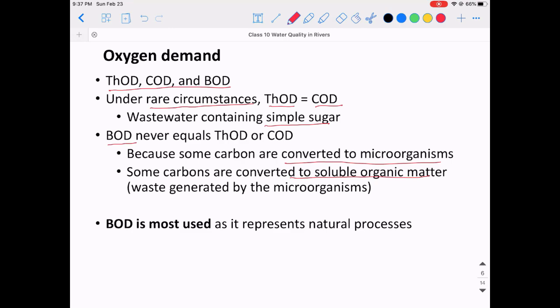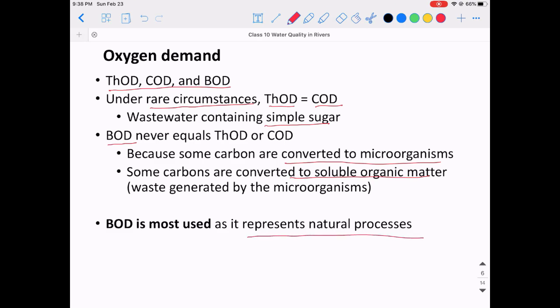These are basically the waste generated by these microorganisms, because after they digest all of this organic matter, they emit some waste, and most of the time this waste is also organic, and it is not converted into carbon dioxide. So that's why the BOD never equals the theoretical oxygen demand or the COD.